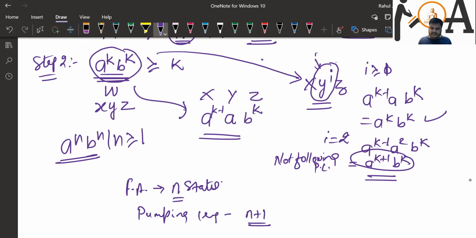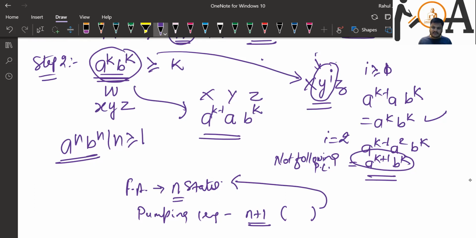So if any string of length n plus 1 is accepted by this finite automata, it must have at least one cycle or loop. If I take an n plus 1 length string and my finite automata has only n states, how would this string be accepted on the final state? I must have a cycle or loop.